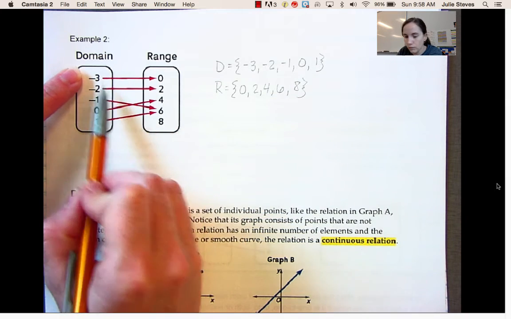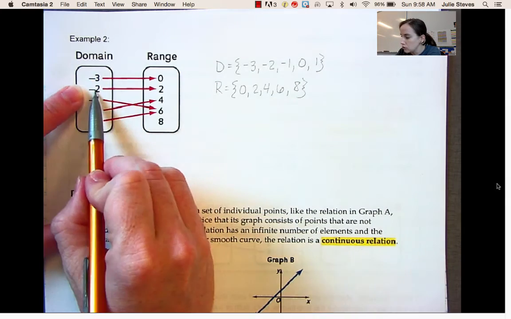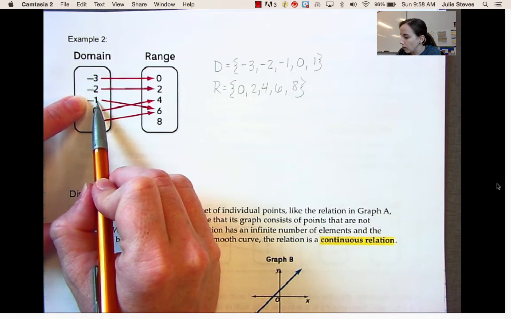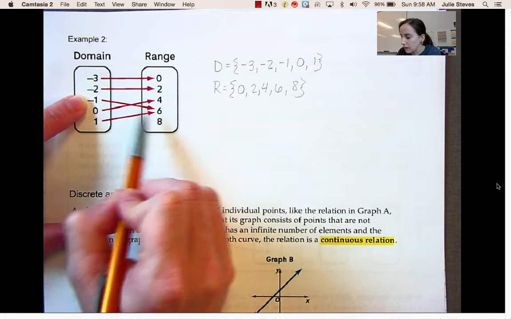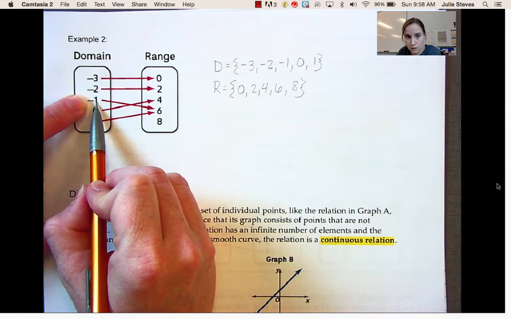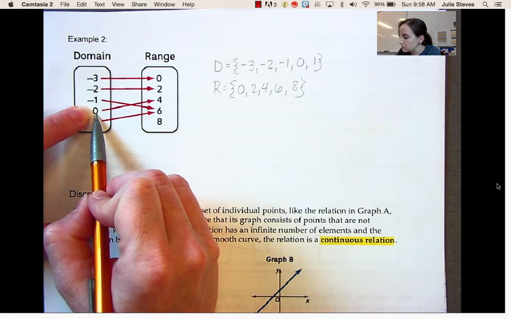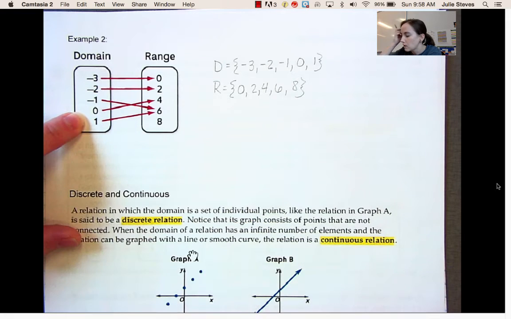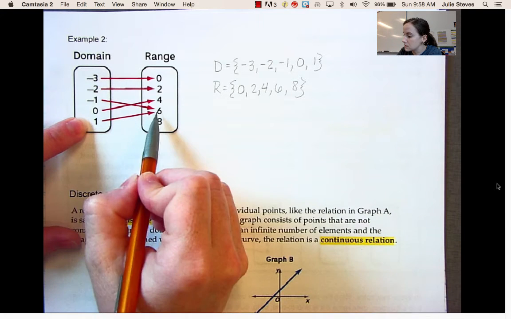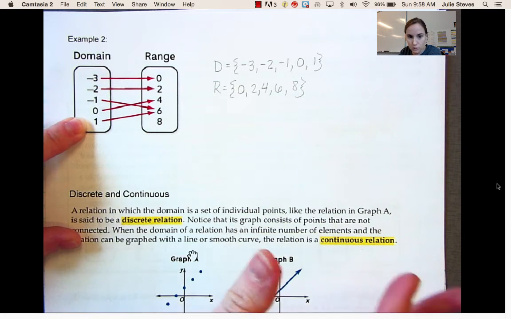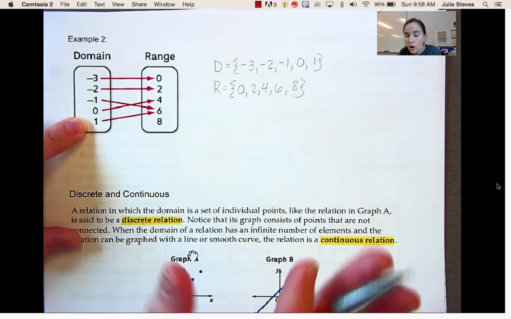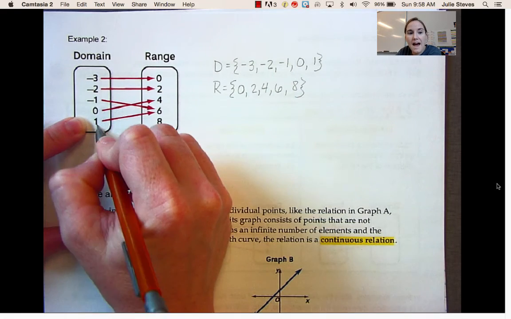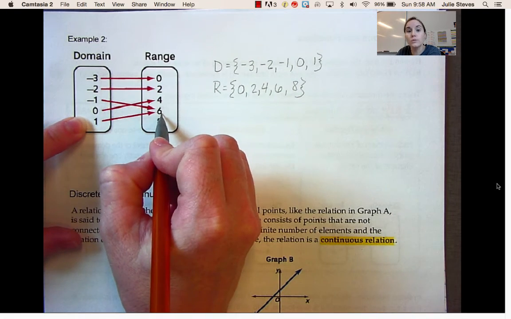There is no other arrow, so no. -2 is paired with 2, and I don't see it paired with anything else. -1 is paired with 6, but I don't see -1 paired with anything else. 0 is paired with 4, and it is not paired with anything else. 1 is paired with 6, and it's not paired with anything else. So, because all of my x values or my domain values have exactly one range value, it is a function.